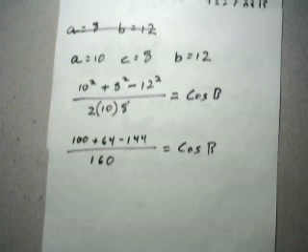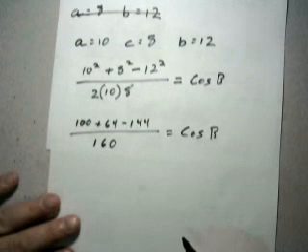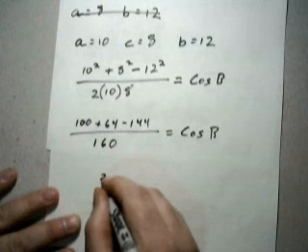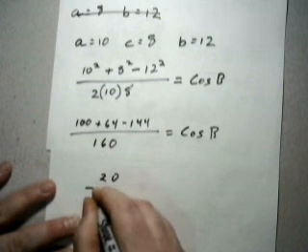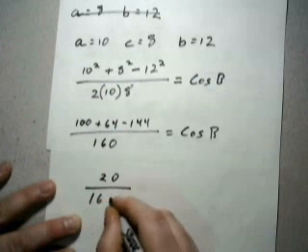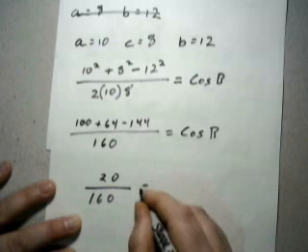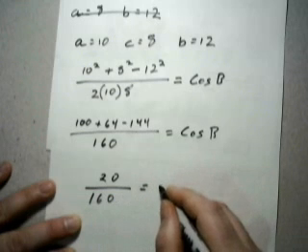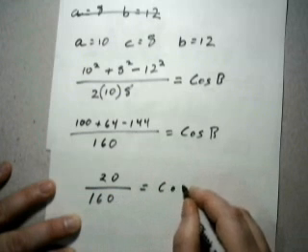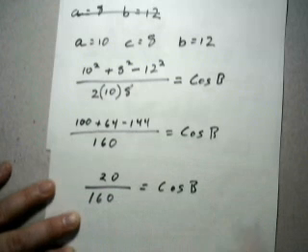Probably could do that in my head, but 100 plus 64 minus 144 is equal to 20. Okay, so what we have here is 20 divided by 160 is equal to the cosine of B.